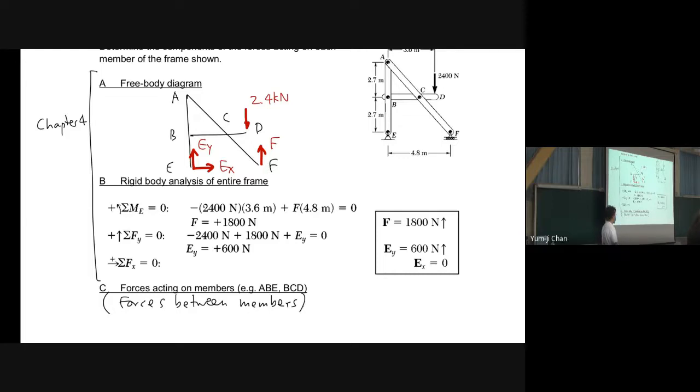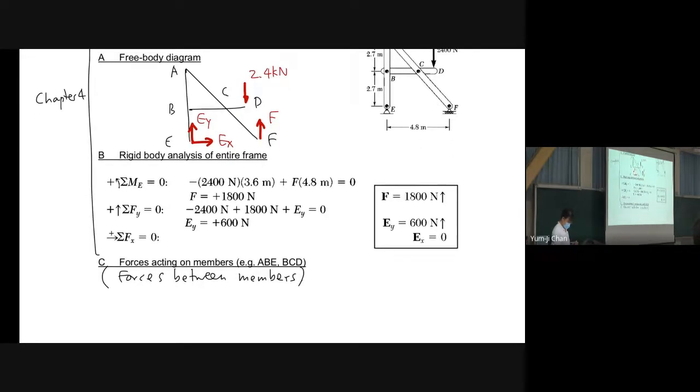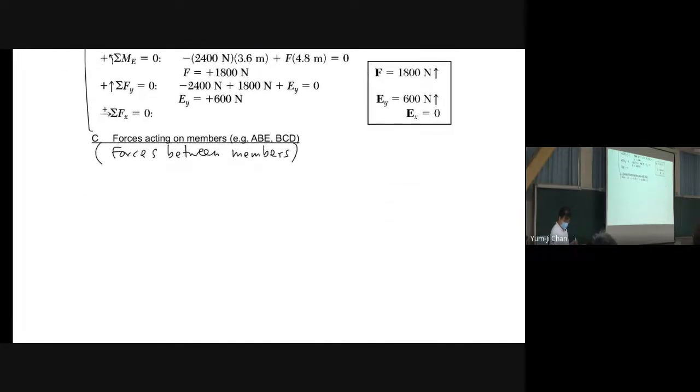One of them is A, B, E, and the other is B, C, D. So let's work on the A, B, E. And this is 2.7 meter and 2.7 meter.